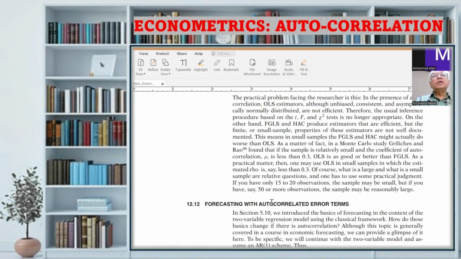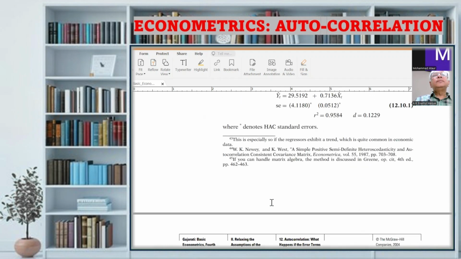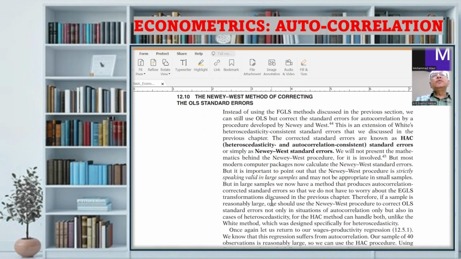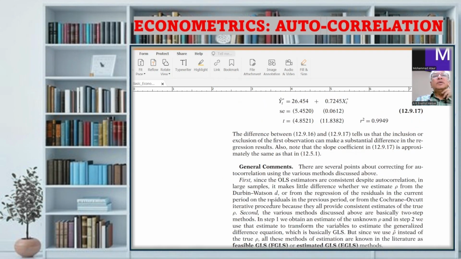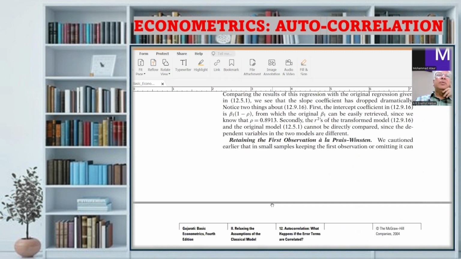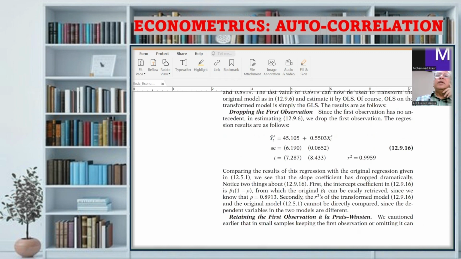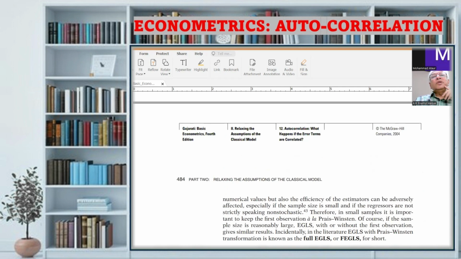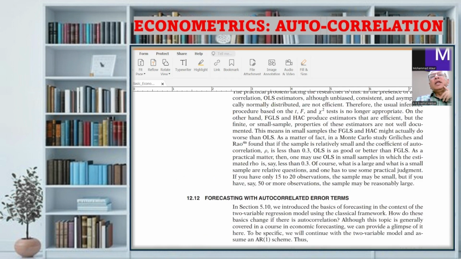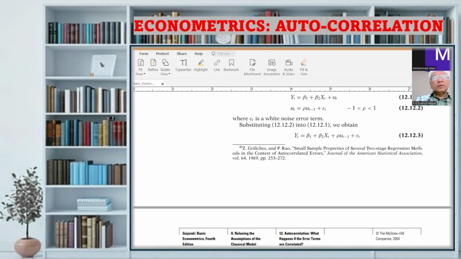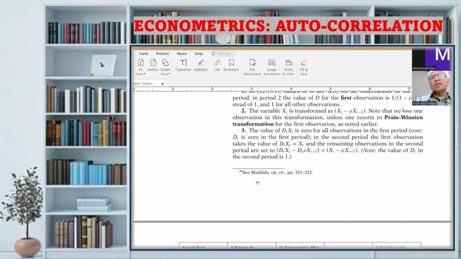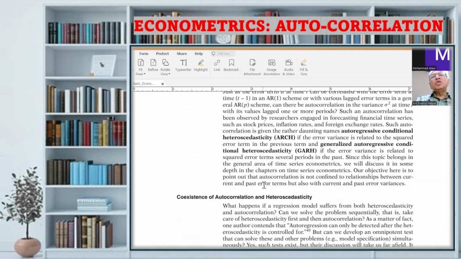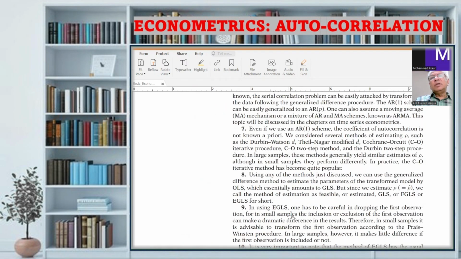It's not here. It's very strange. So there are quite a lot of different methods. There's an iterative method, which is no longer used, so I'm not worried about that one. There is also a method where I can actually do an iteration. What is the iteration? I don't know the value because it may not be first order autocorrelation. So in that case, they said, why don't I just assume rho equal to different values.